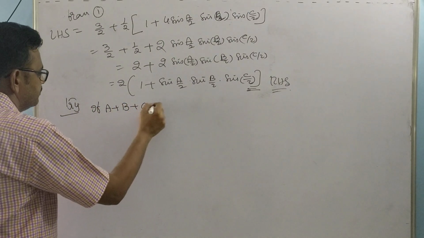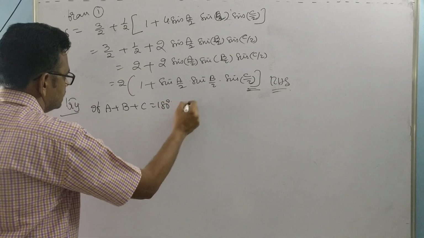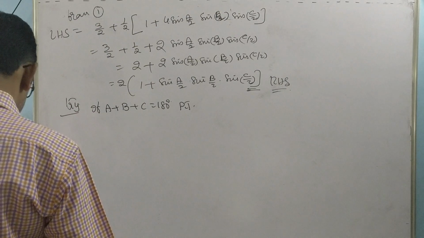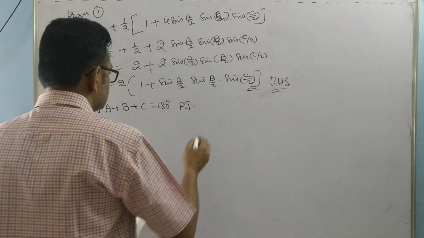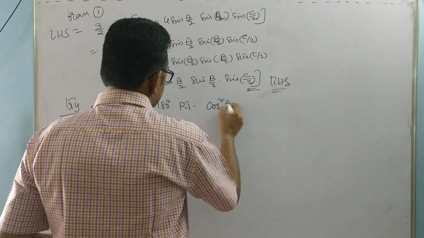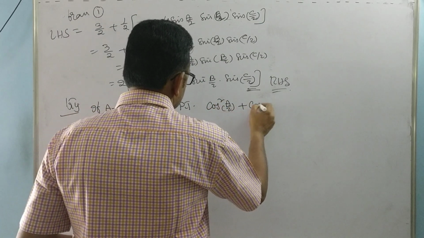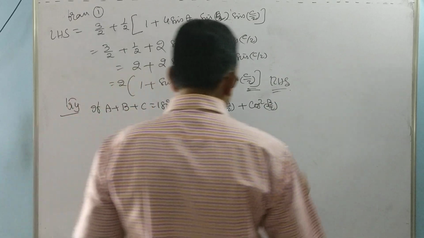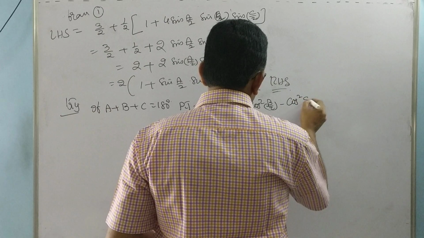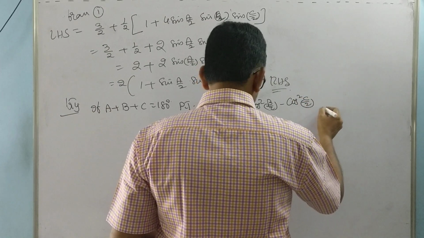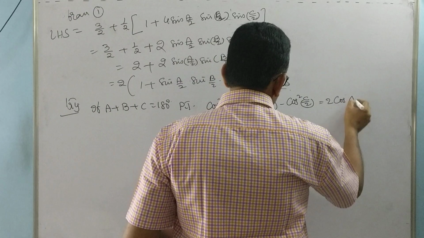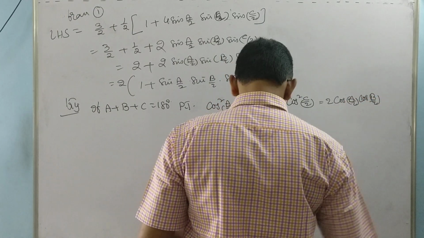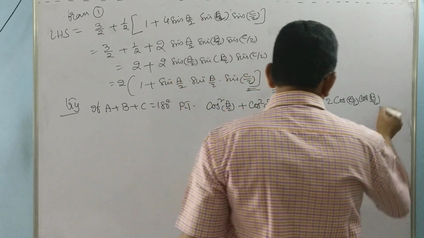If A plus B plus C equal to 180 degrees, then prove that cos square A by 2 plus cos square B by 2 minus cos square C by 2 is equal to 2 cos A by 2 into cos B by 2 into sin C by 2.